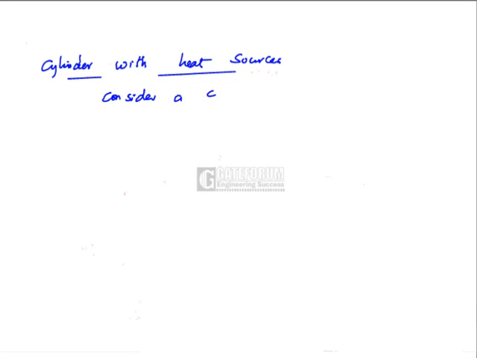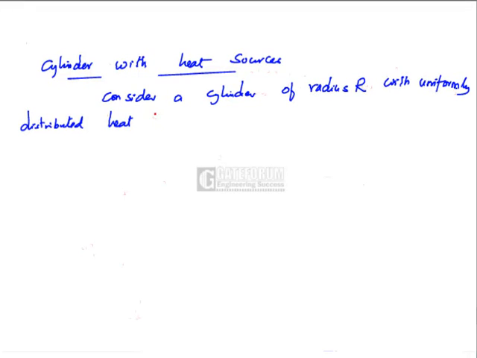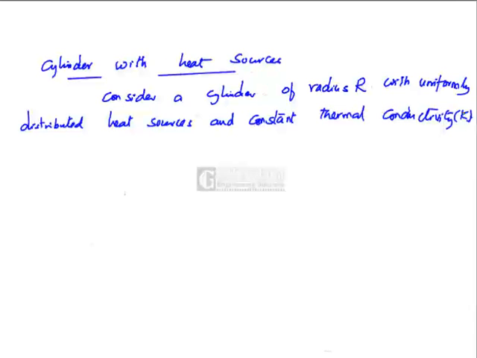Consider a cylinder of radius R with uniformly distributed heat sources and constant thermal conductivity K. If the cylinder is sufficiently long, temperature may be assumed to vary only with the radius.